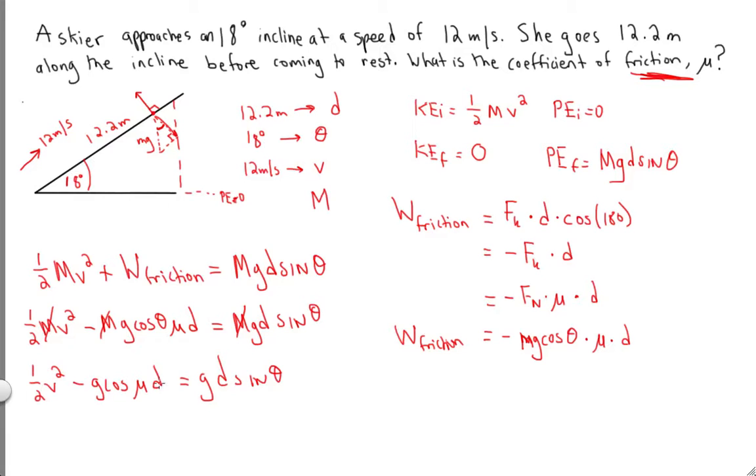Now I'm going to move the 1/2 v squared over to the other side. Negative g cosine theta mu d equals g d sine theta minus 1/2 v squared. Now we're going to divide both sides by negative g cosine theta d.